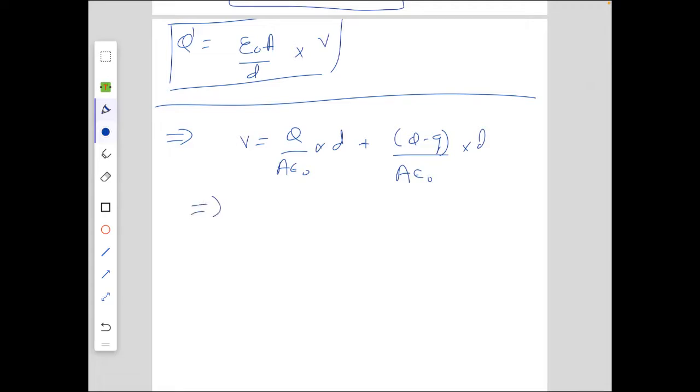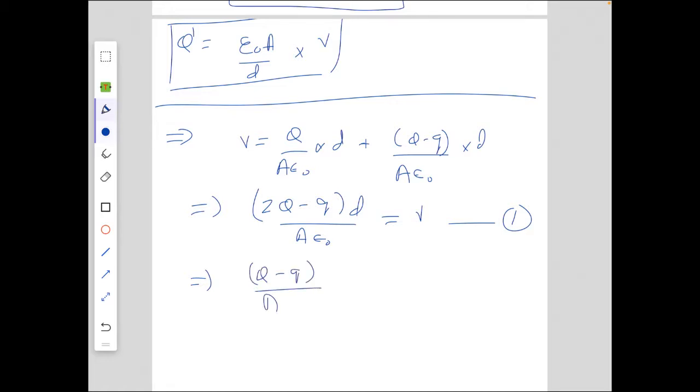So from here we get 2Q minus q times d by A epsilon naught equals V. Let's call this equation 1. The second equation, just like we found in part A, is Q minus small q over A epsilon naught multiplied by 1 by rho equals J, the current density, which is dQ by dt over A. So A cancels out, and this is the second equation.